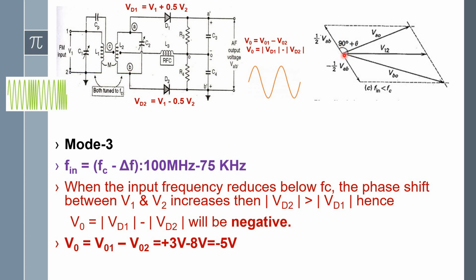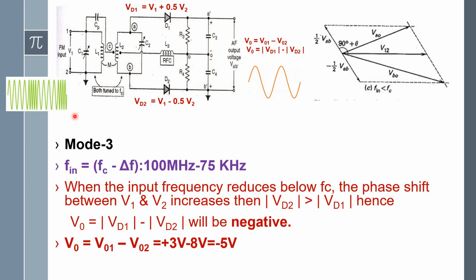In this particular situation, you can measure that the length of the vector VA0 is small compared to VB0. Obviously, we can say the potential across diode D1 is less and diode D2 is more. So whenever the potential across diode D1 is less and the potential across diode D2 is more, this diode D2 will conduct more and it releases maximum current. Then the potential across R4 is maximum compared with R3.